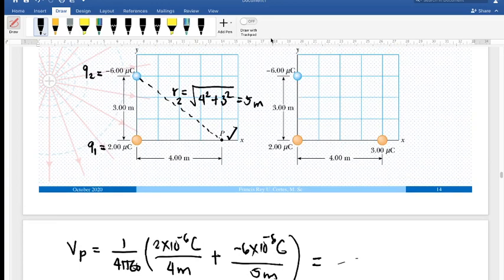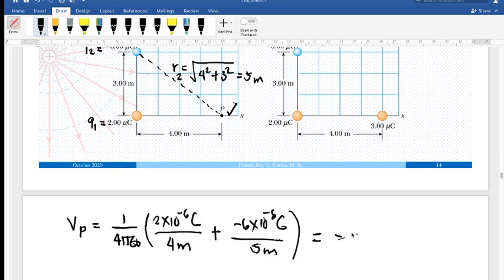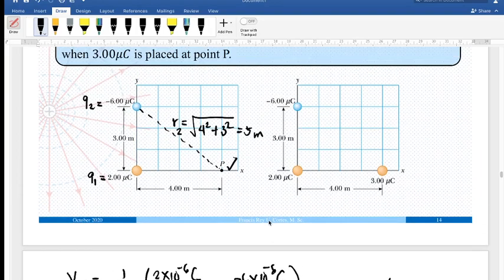So that is why the answer is negative 0.7 volts. Okay, so that is the answer.